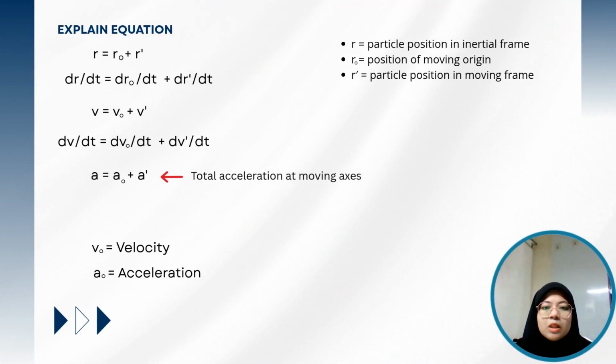R represents particle position in the inertial frame, R naught represents position of the moving origin, and R prime represents particle position in the moving frame.